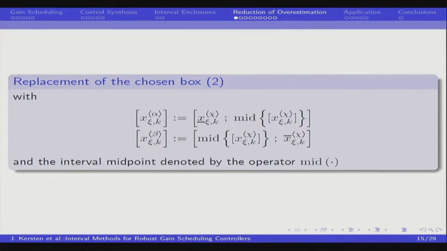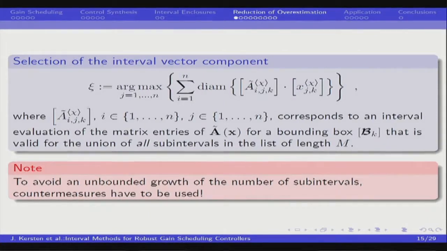So we have two replacements, and the selection of the interval vector component which is then to be used is done by another evaluation of the diameter, the maximum value.